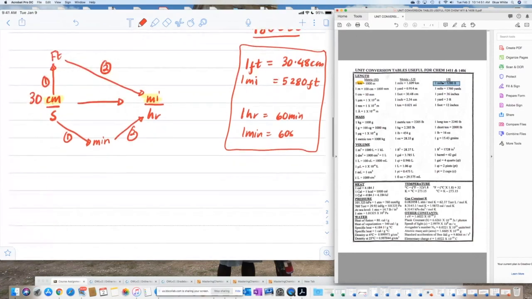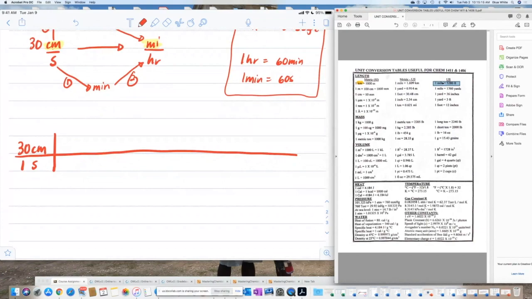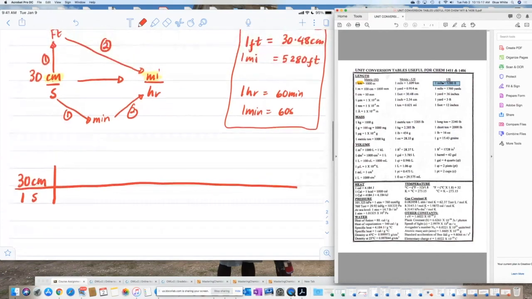Okay. So I write my equation like before, 30 centimeters per second. I'll put one here because I like to have a number in the unit. Then on top, let's see. Which one do you want to start with? You want to do seconds first or centimeter? Okay, centimeter.